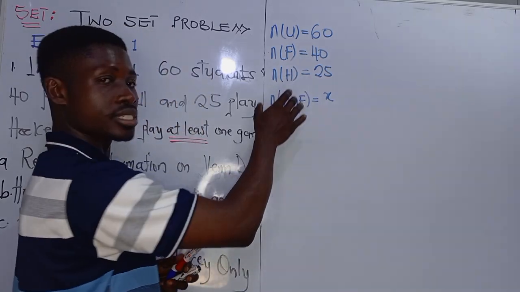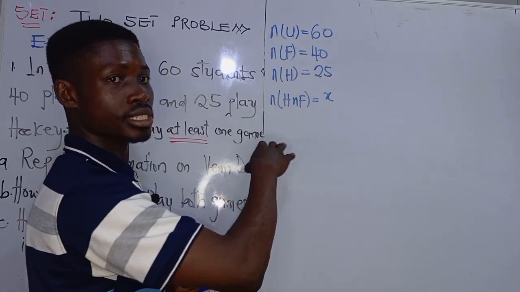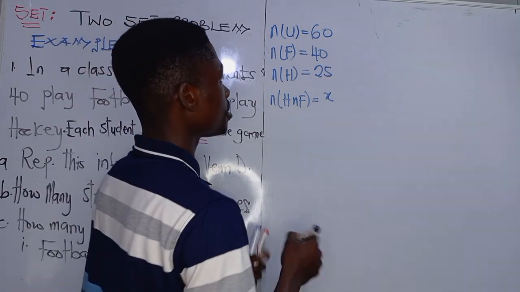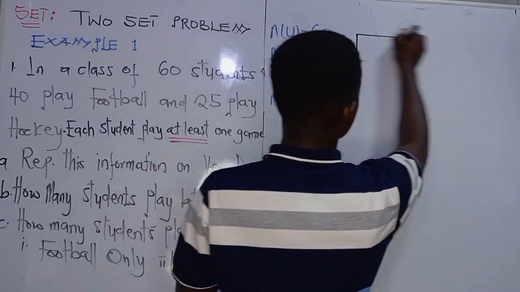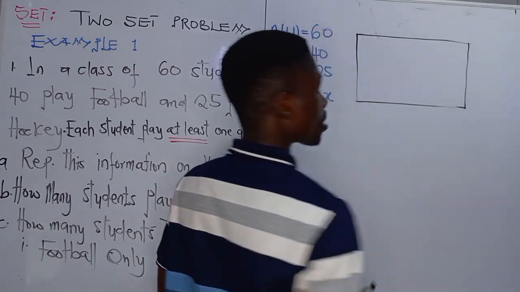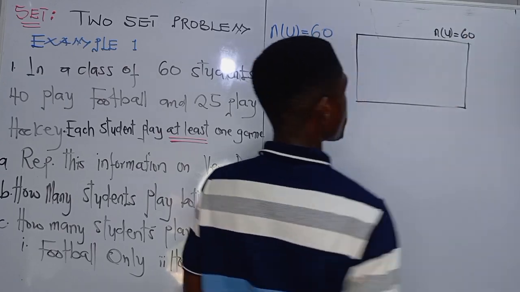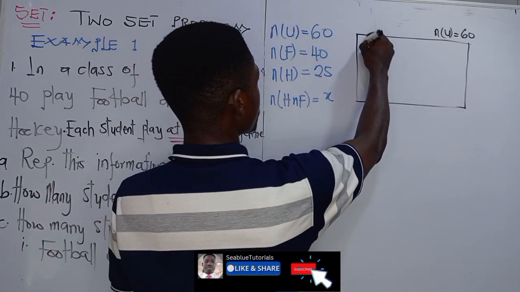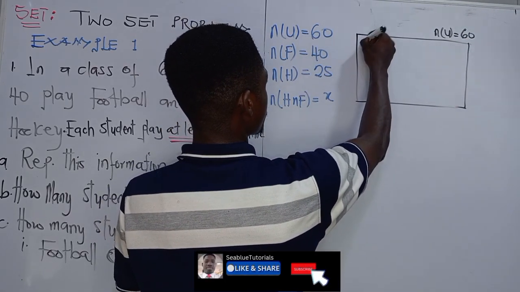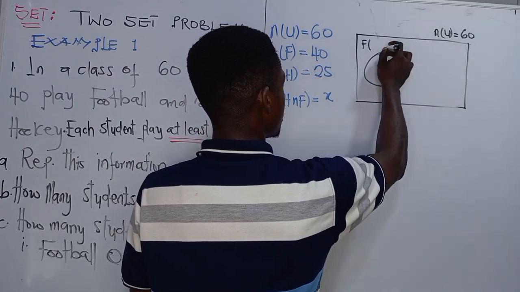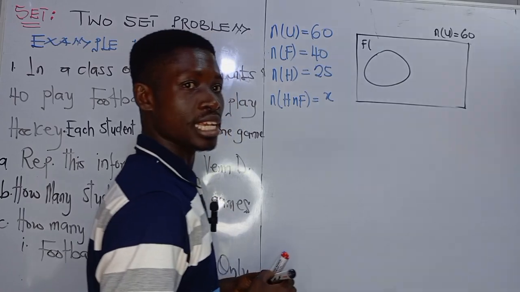Now that we are done with the vital information from the question, we can proceed to draw our Venn diagram. So we have our universal set. Then this circle represents the number of students who play football.